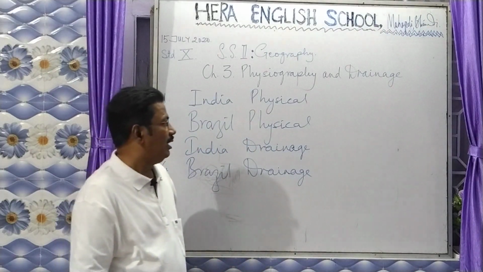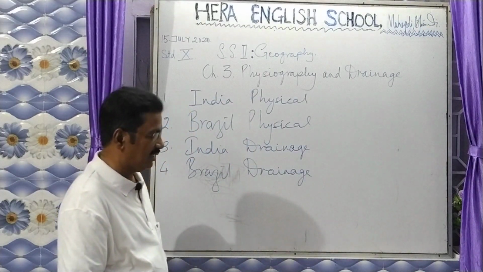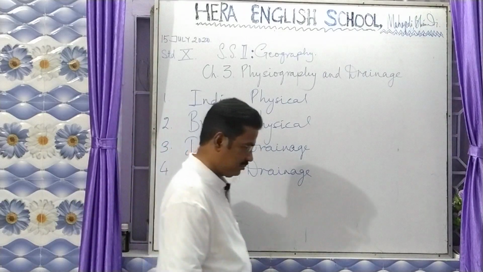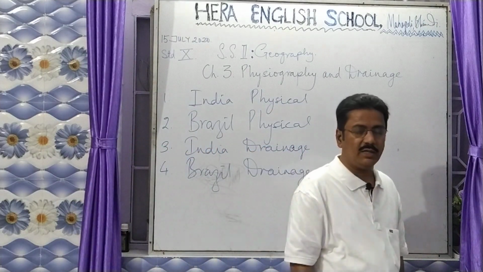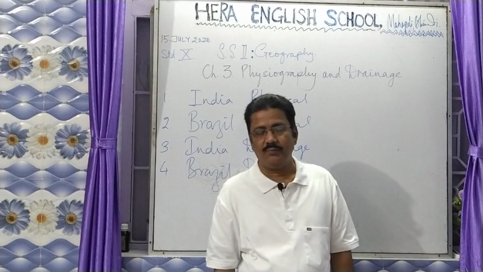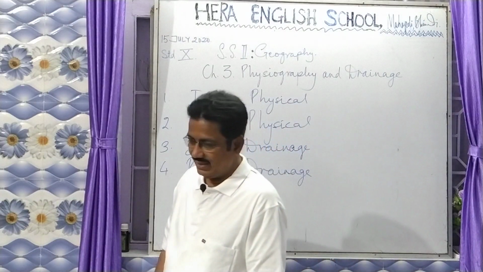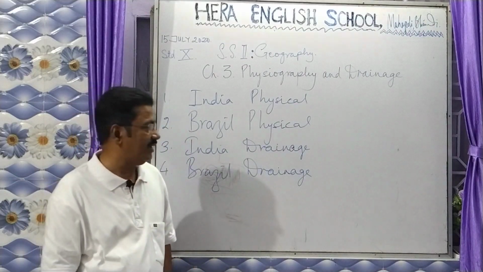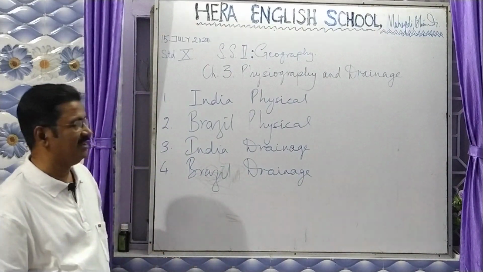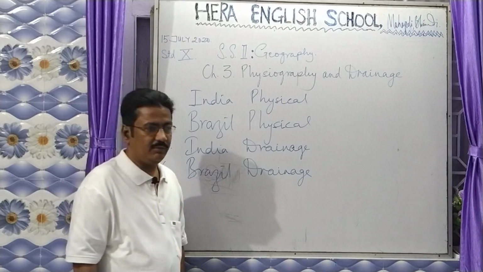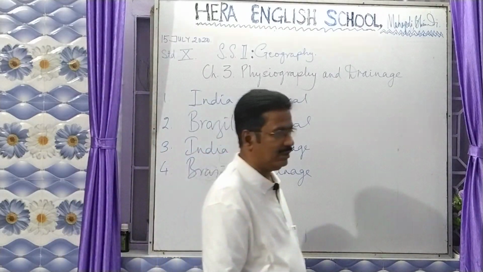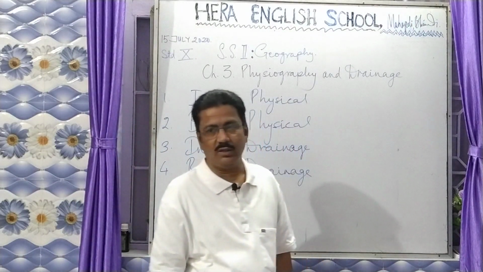Whereas one more river starts in the Tibetan region, at Lake Mansarovar, and it is the Brahmaputra River. When it passes through China, it is called Sangpo. Then it enters into India through the Arunachal Pradesh state, where the name again changes.